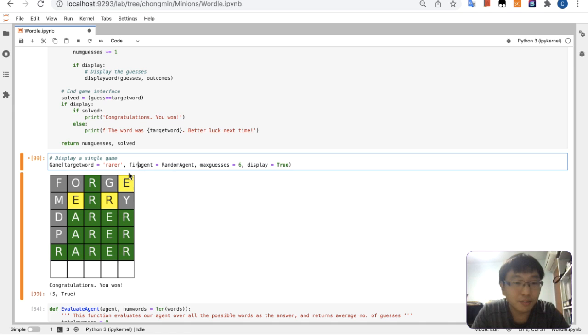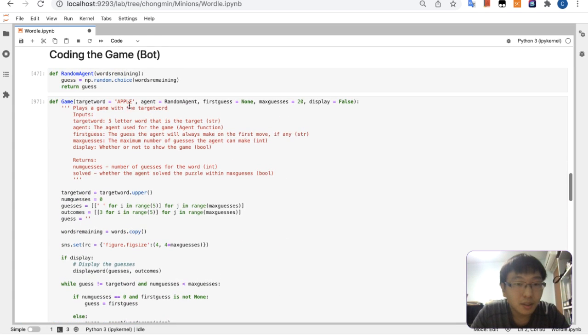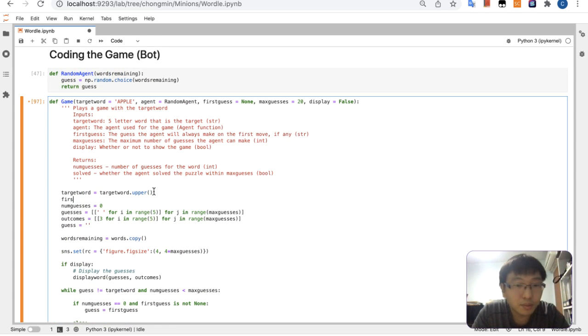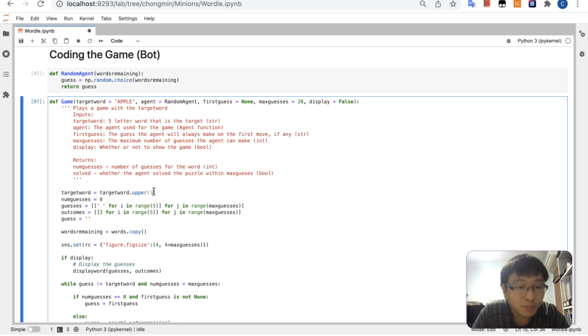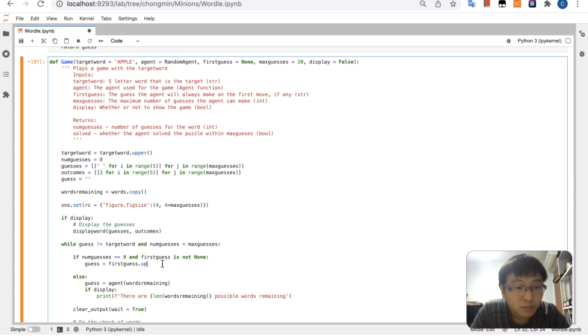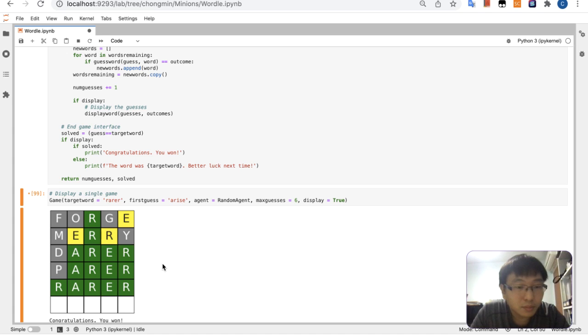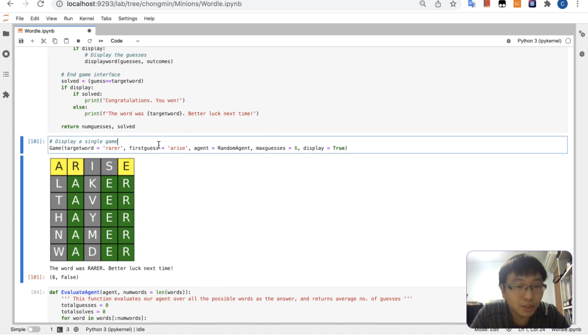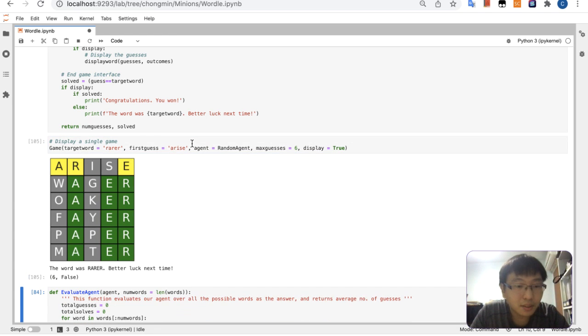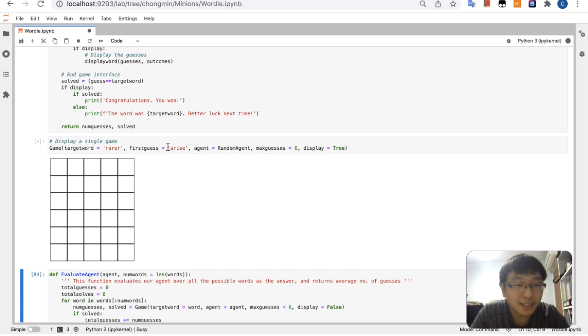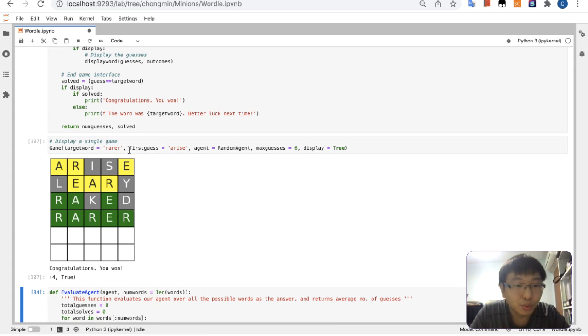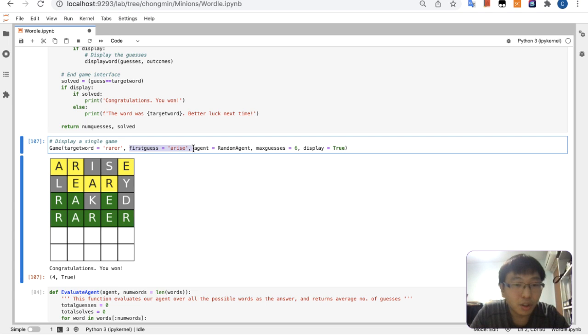And then if we want first guess to be something, we can put like first guess is arise. Okay, so yeah, like that we will see that the first guess is now arise. So I guess if you put the right first guess, you might be able to score better.